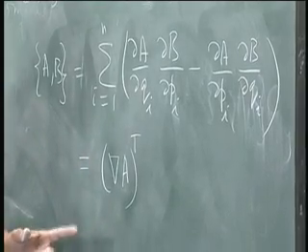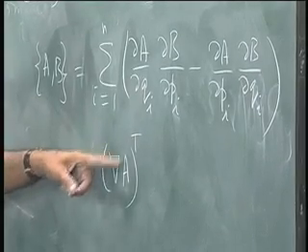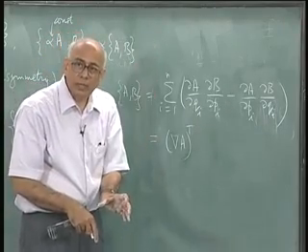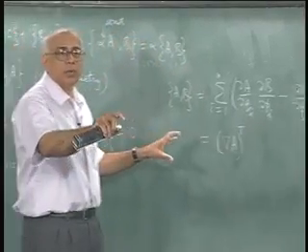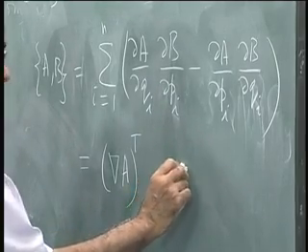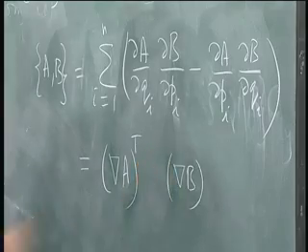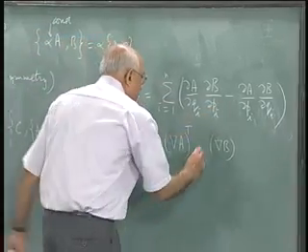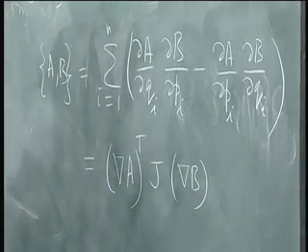By gradient A I mean a vector with elements ∂A/∂q1, ∂A/∂q2, etc., written as a column vector. By transpose I mean the corresponding row vector, and that is getting multiplied by gradient of B, which is a column vector, but because you have this minus sign, not surprisingly you have a J in between.